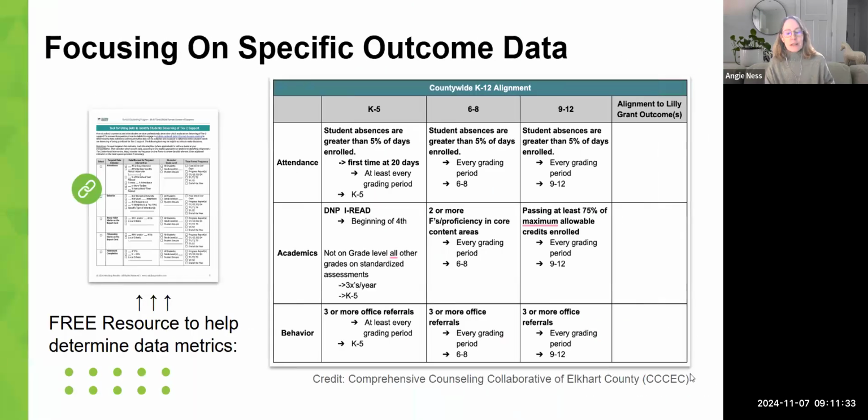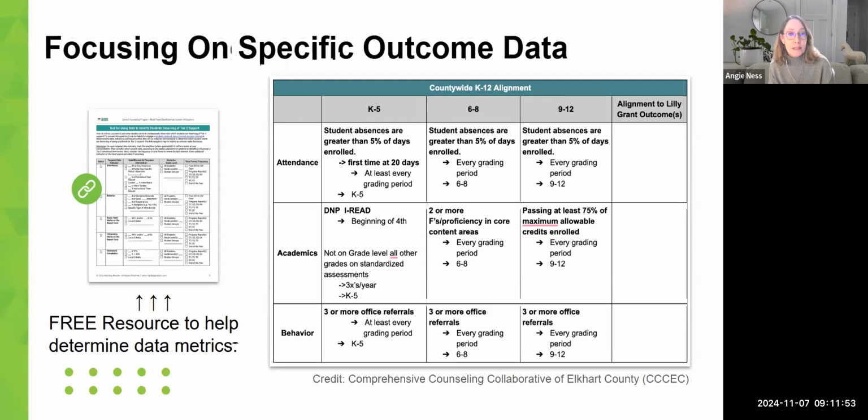The other thing I want to do is, a lot of times we get a lot of access to data, and like I think it was Crystal was saying, not quite sure what to do with it next or where to start. Sometimes we get lost in the data because there's so much. So when I was a school counselor here in Elkhart County, we received the Lilly grant.